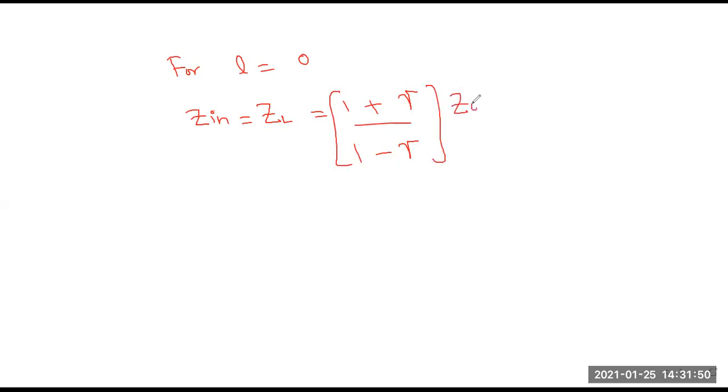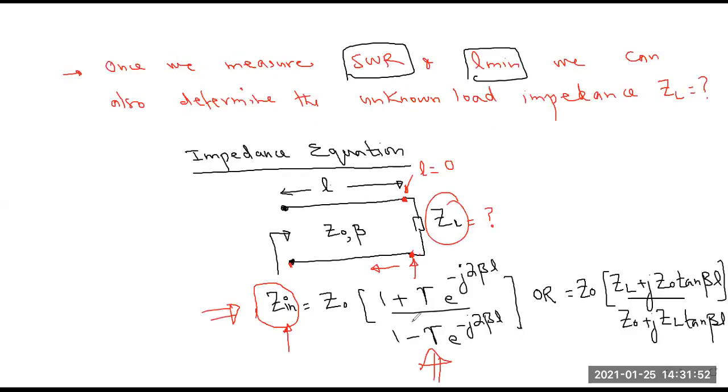For L equal to 0, Zin can be called ZL, and that will be equal to (1 plus gamma) divided by (1 minus gamma) into Z0.